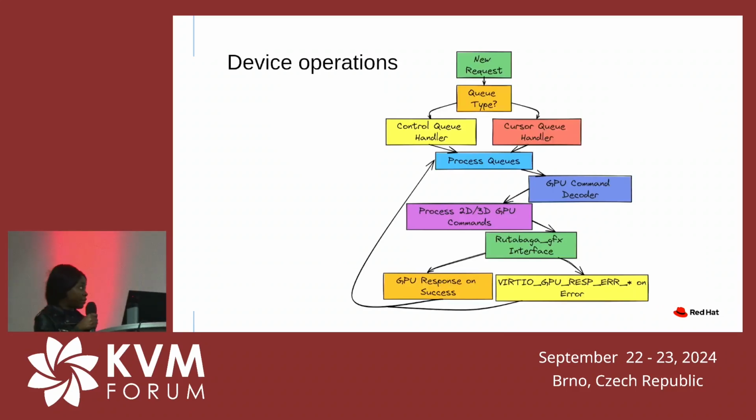Okay, so for the device operation, how it works is that we have one worker thread, and when a new request is received, depending on the queue type, we have different handlers for processing the request. So there's a control queue handler and a cursor queue handler, which Matej already talked about, the queues.